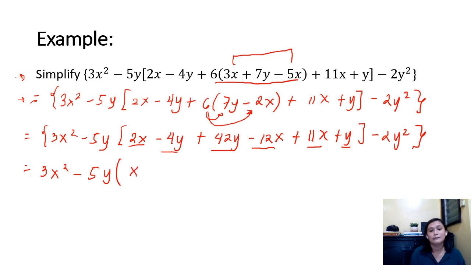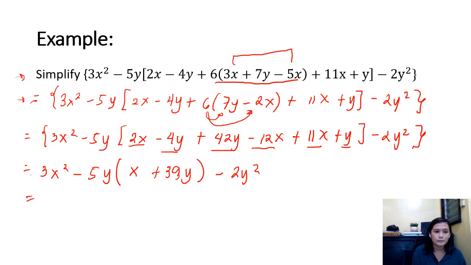So we will have negative 4y plus 42y plus y, so you will get 39y, right? Because this is 38y, and then plus y, you have plus 39y, right? Parenthesis minus 2y squared, right?